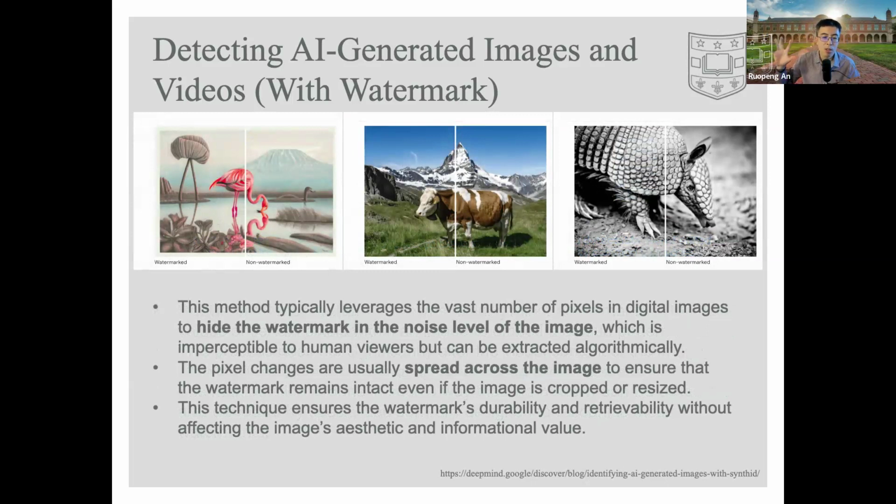Also, the pixel changes are usually spread across the entire image, so even if you change part of the image, the watermark is still detectable, right? So those are the state-of-the-art ways that we can protect copyright and also differentiate AI from human-generated images.